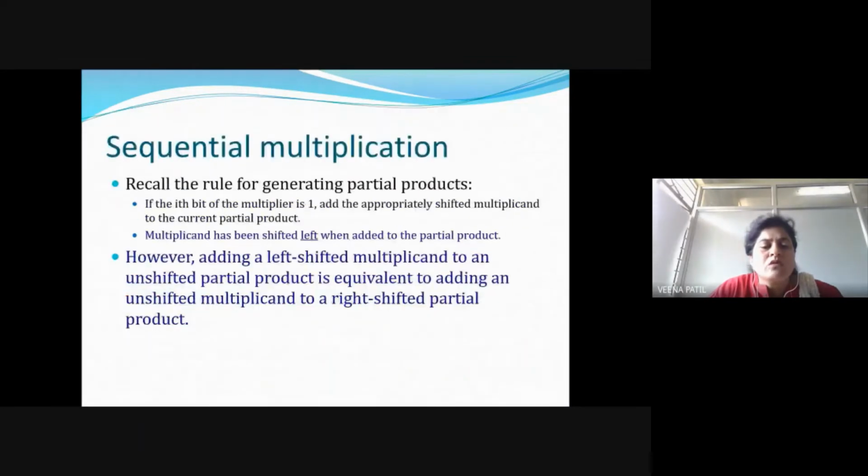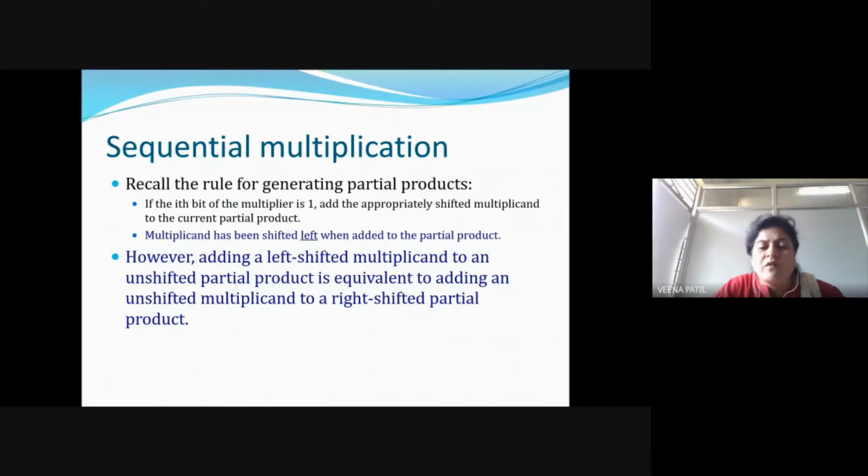Now what we are going to do is use the same technique, that is if the ith bit of the multiplier is 1, add the appropriate shifted multiplicand to the current partial product. And the multiplicand has been shifted left when added to the partial product.